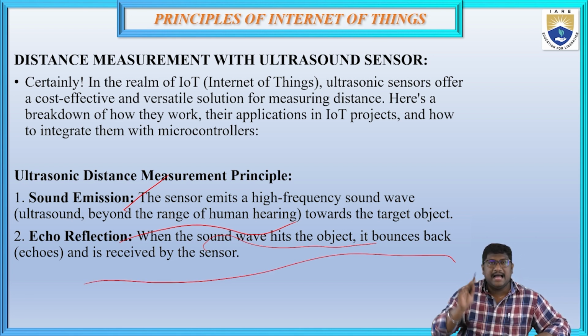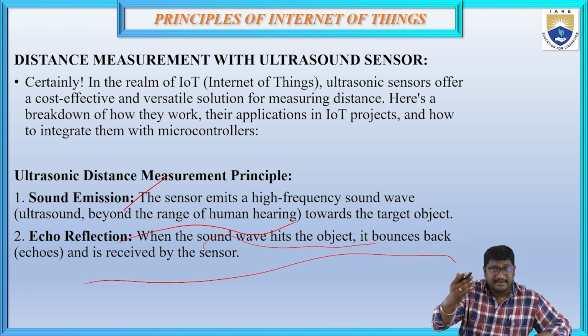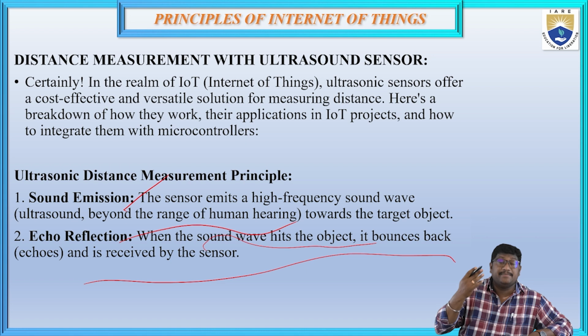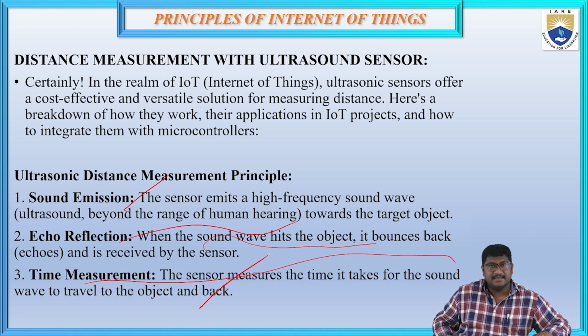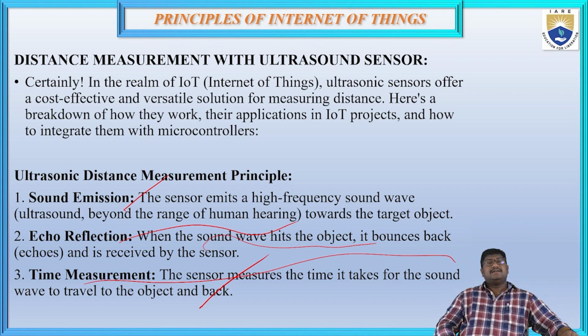The echo is reflected back towards us, and it can be received by the sensor. Coming to the next factor, time measurement, where the sensor measures the time it takes for the sound wave to travel towards the object and back.